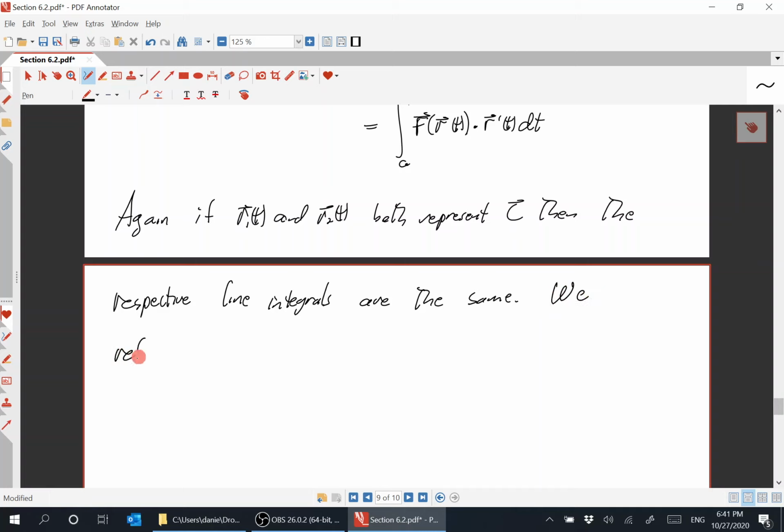Okay, so sometimes it's useful to refer to the integral without reference to r at all. So we refer to the integral without reference to r as follows.